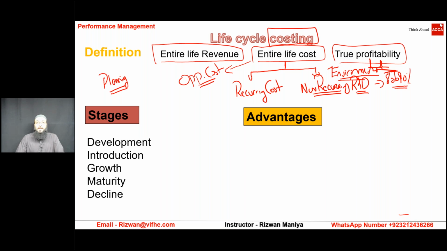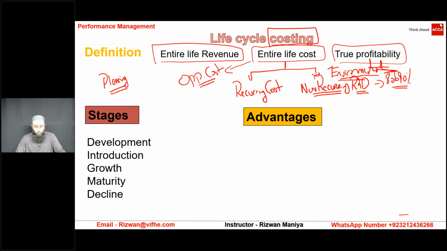Now, what is opportunity cost? As I mentioned earlier, in fact the day before yesterday, we had a discussion about relevant costing. Opportunity cost is the cost of the second best alternative foregone. It is relevant for decision making, for relevant costing. But in life cycle costing, we do not consider opportunity cost, because the principle of life cycle costing is totally different.